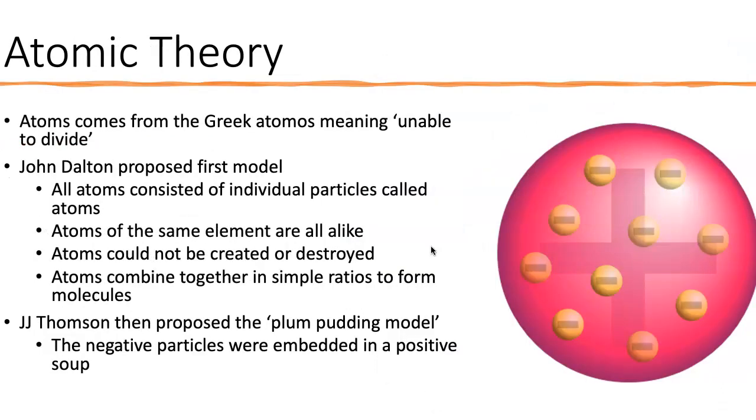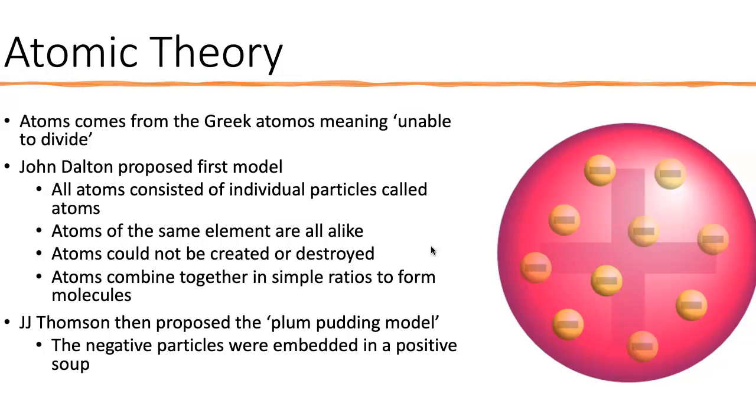So essentially the Greeks were the first to put forward an idea of a particle that couldn't be divided any further. So atomos means unable to divide. It was Democritus and Leucippus, I think, from memory. And that sat there for a long time, not being looked at much until John Dalton started to try and make some models of this.